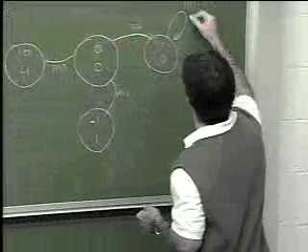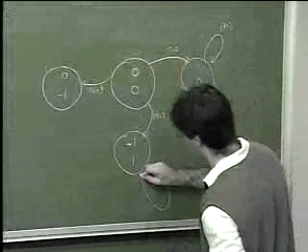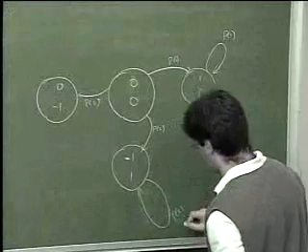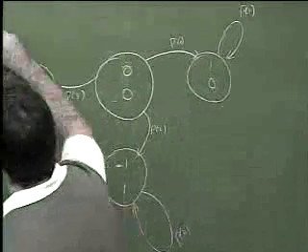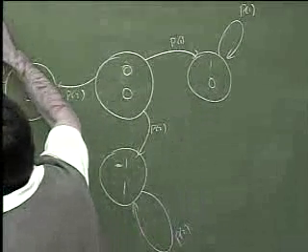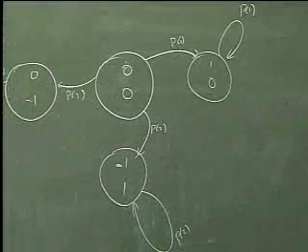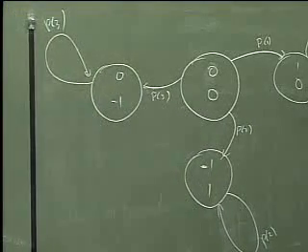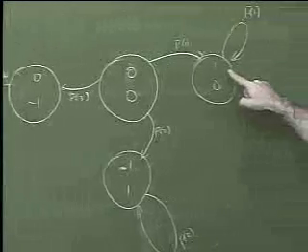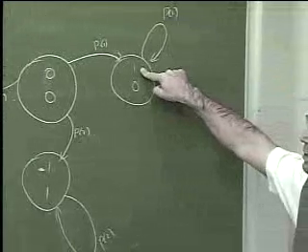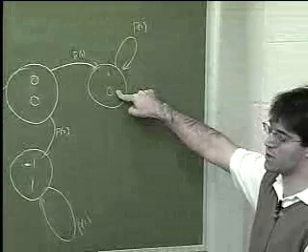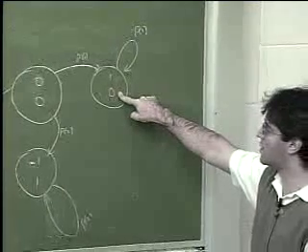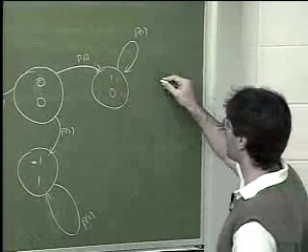So if I process a packet from flow 1, I'll just stay in that state. If I process a packet from flow 2 when I'm in this state, then this decreases by 1, and this increases by 1. So I go to state 0, 1.